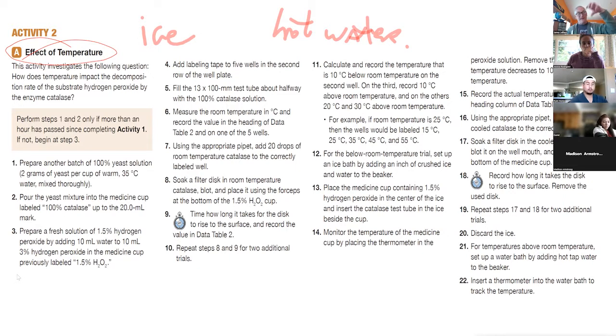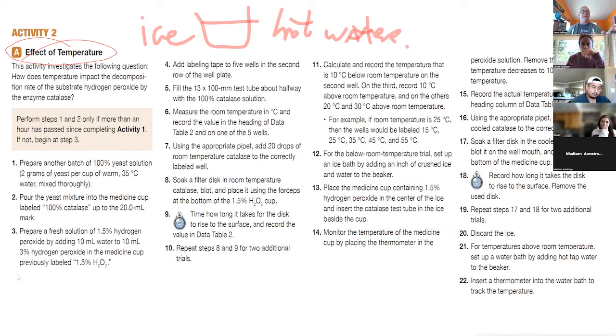So what you do is basically you put the 20 mil medicine cup that has the peroxide in it into the ice, put the thermometer in there, and once it gets 10 degrees below room temperature, then you do your reaction.